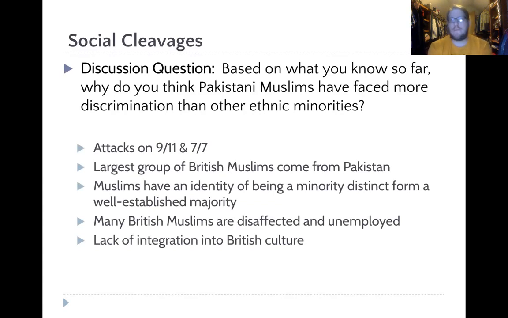So the first reason why Pakistani Muslims are an easy target for racial and or religious discrimination is the good old tie of Muslims are terrorists, right? You'll hear that as the justification for Islamophobia, that we've seen a spike in Islamic terrorism throughout the early phase of 2000 to 2010.